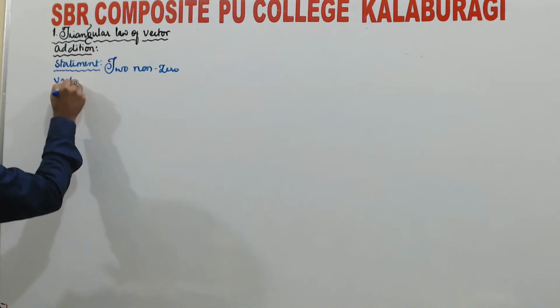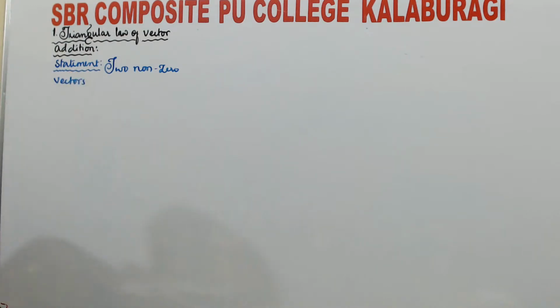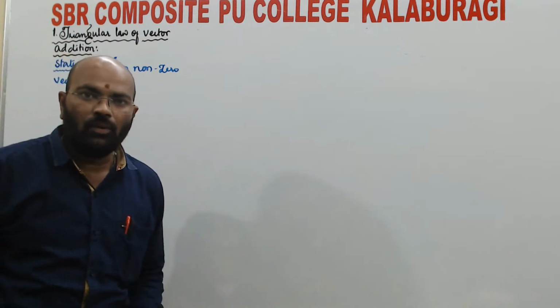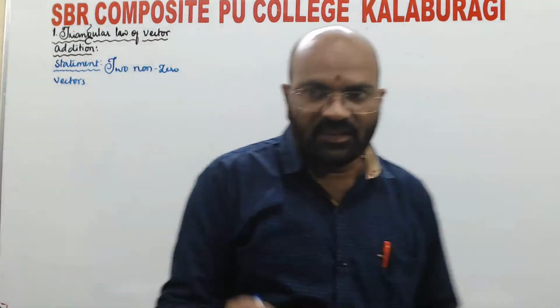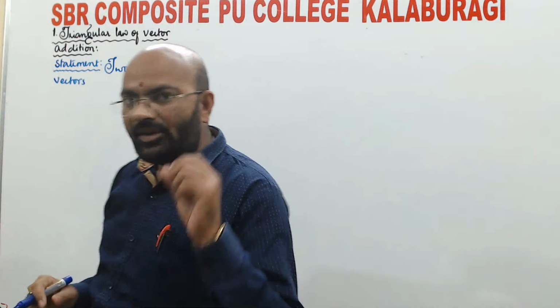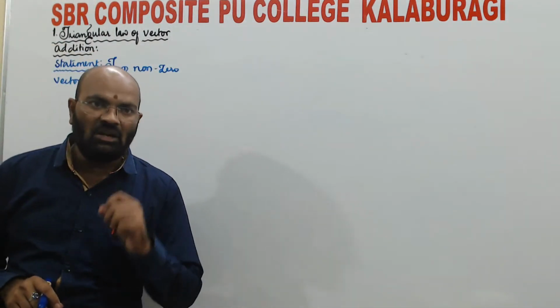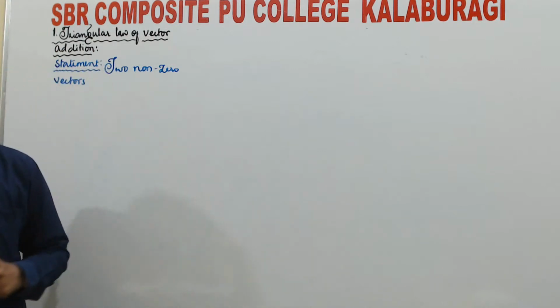That is nothing but what? It has a certain magnitude, because a zero vector is one that has zero magnitude, but we are not going to consider any zero magnitude vector.